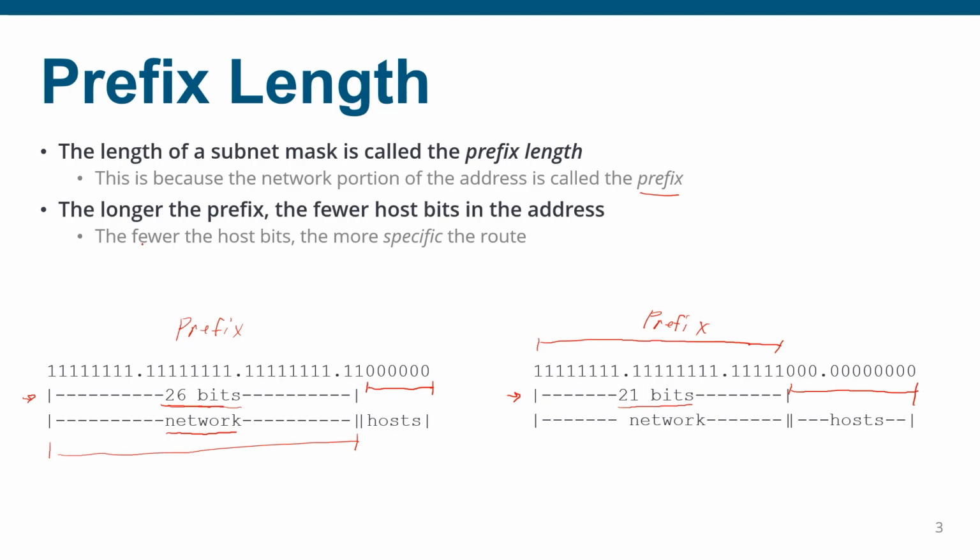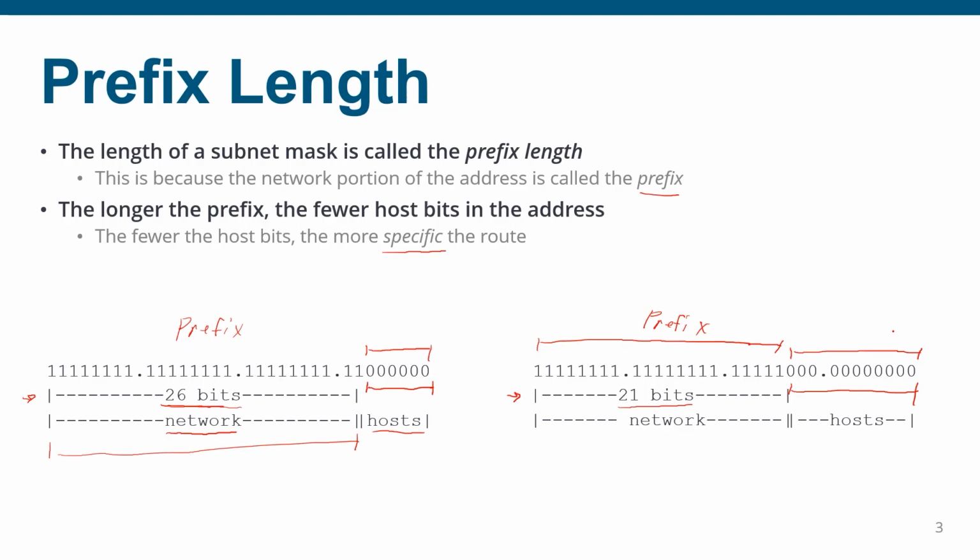So the fewer the host bits, the more specific the route. With only 6 host bits, that is more specific, because there are fewer hosts in that pool than in the 11 bits here.